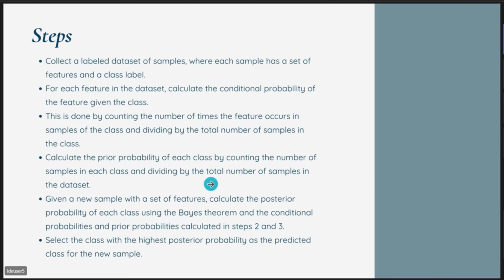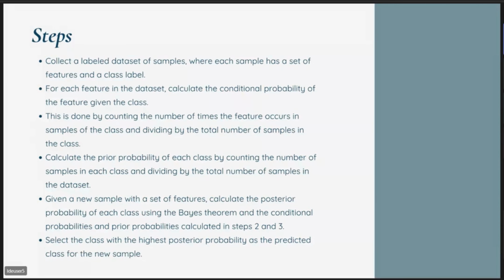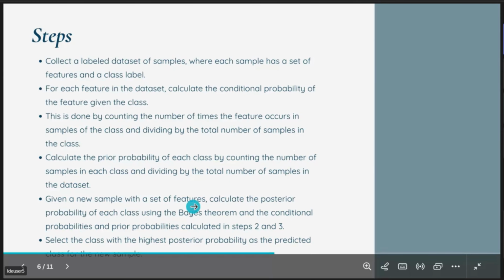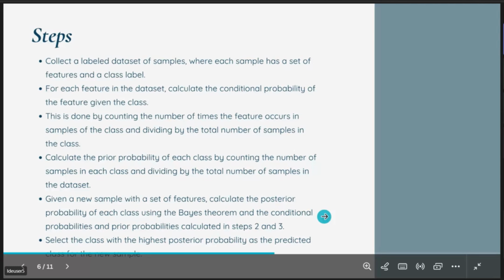So like, how many in my entire data set, how many heads are there, how many tails are there, right? So based on that, I find the prior probability, and given a new sample with a particular set of features, calculate the posterior probability of each class using Bayes theorem, and conditional probabilities and prior probabilities are calculated in steps 2 and 3.